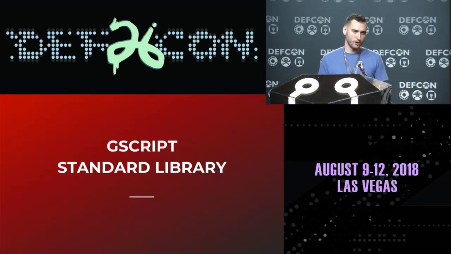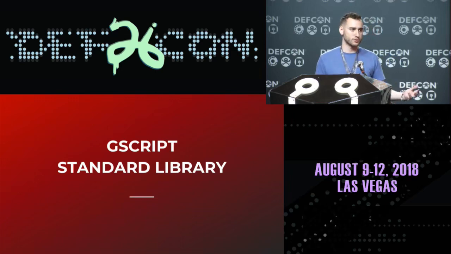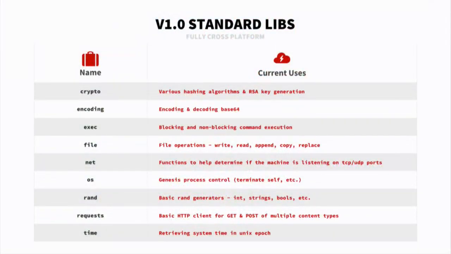But as I mentioned before, we have the standard library. You don't need to be a Go programmer to know how to use this on a basic level. We've got libraries that cover almost every type of basic OS functionality you'll need. They're entirely cross-platform. They're supported by us. If there's ever a bug in one of these that you find, please file it against us. We will fix it immediately.